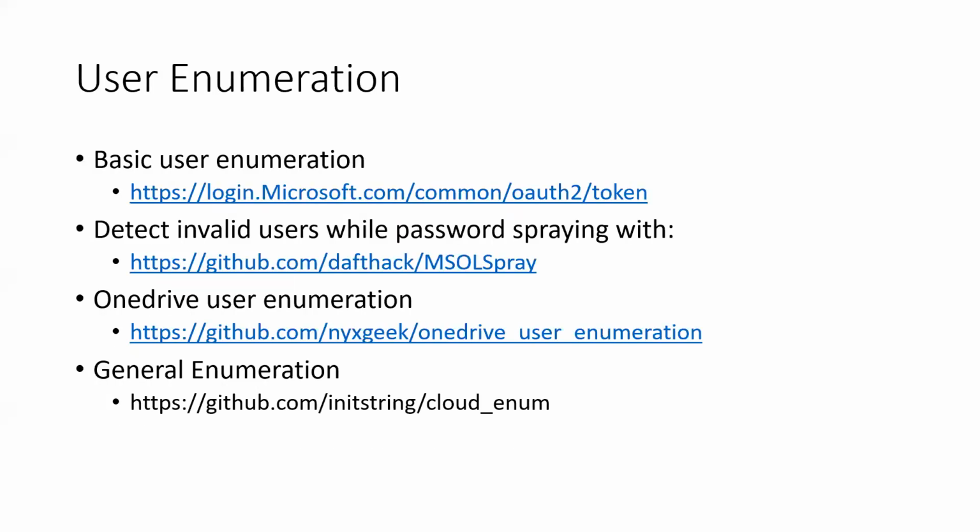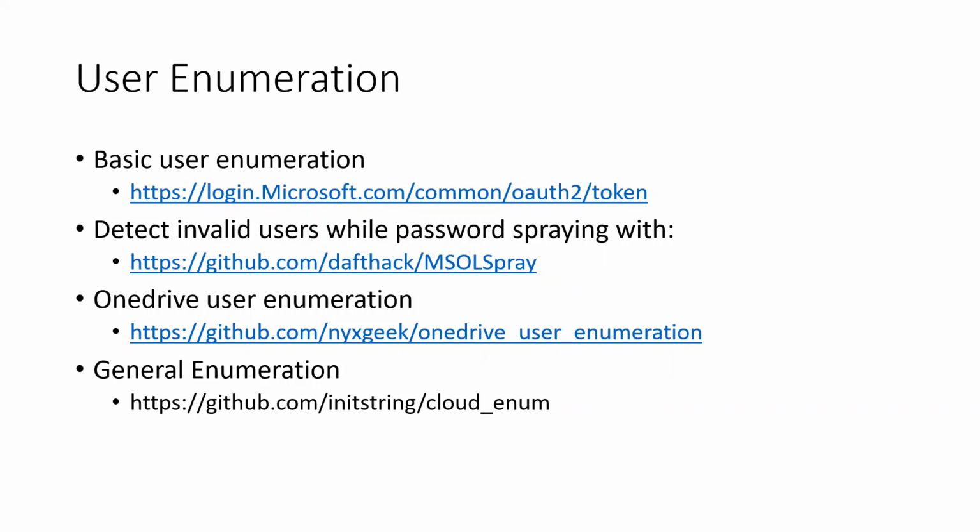And so how do people find out about the users in your Azure AD environment? There's quite a robust set of tooling out there for people to use. I know we touched a little bit on it in the past slide, but here's some links for tooling and techniques.